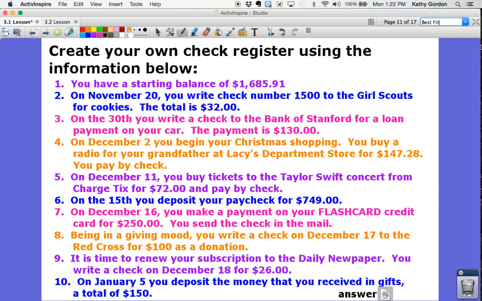So anything that was processed from December 1st to December 31st is what's listed here. So then you've got a starting balance of $1,685.91. That would have come from your ending balance on the previous statement. Okay, so you've got that.